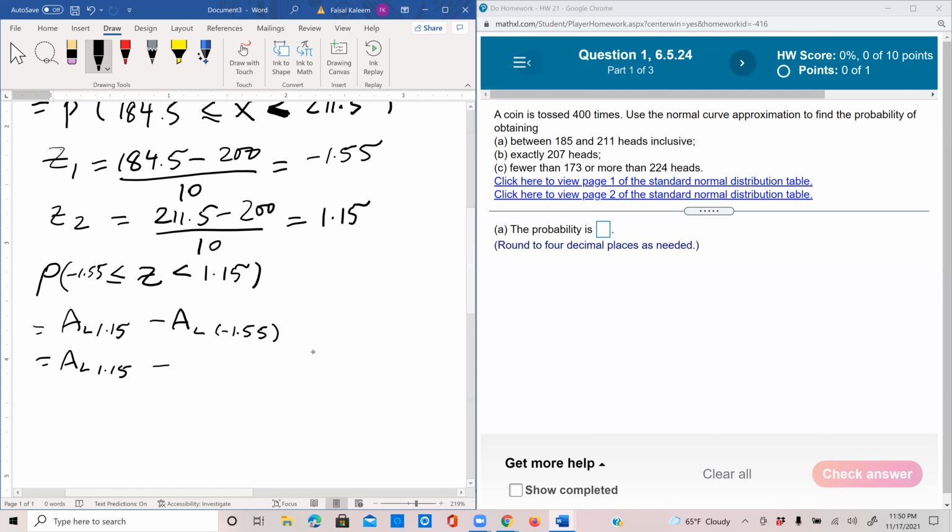You can convince yourself by drawing the pictures. The table we're going to use doesn't have the right areas. We're going to use the same table that's available in the P exam. So the right of 1.55 is the same as 1 minus the area on the left of 1.55.